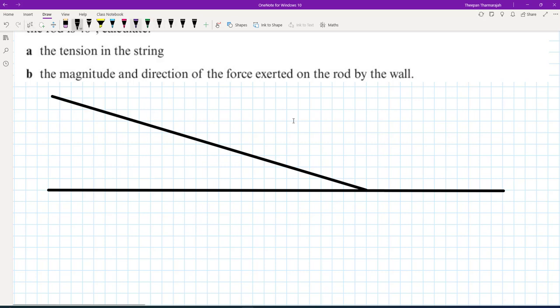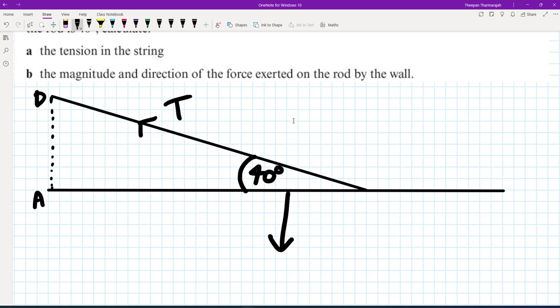So let's draw in what we have. Just to make it clear that D is vertically above A, we've got the tension in the string like this, inclined to the horizontal at 40 degrees, and the weight acts in the middle, which is here.